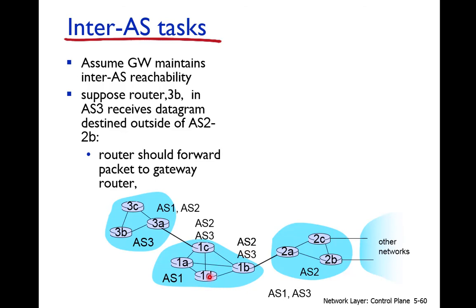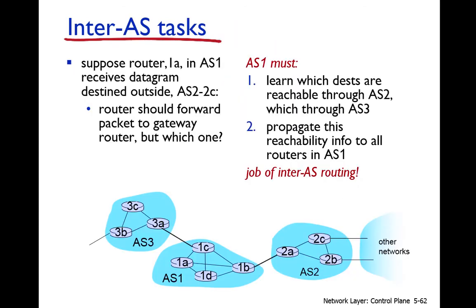So 1D comes to know that autonomous system 2 is reachable from 1B, which is closest, and this one is far away. So this is the job of inter-autonomous system routing.